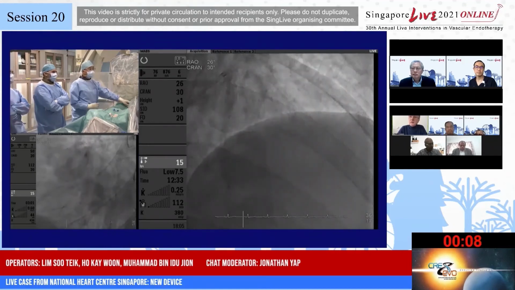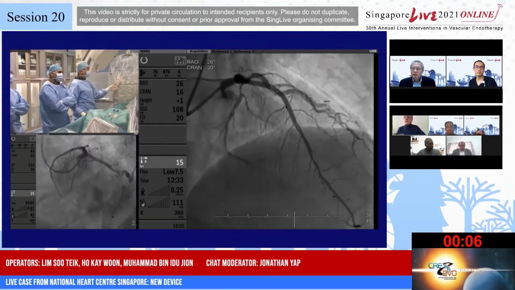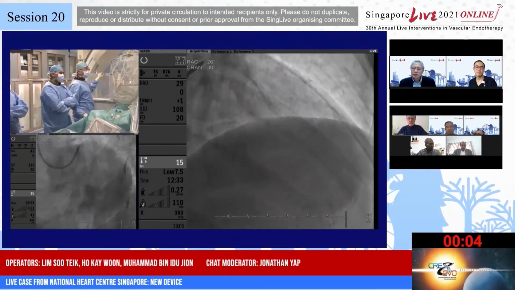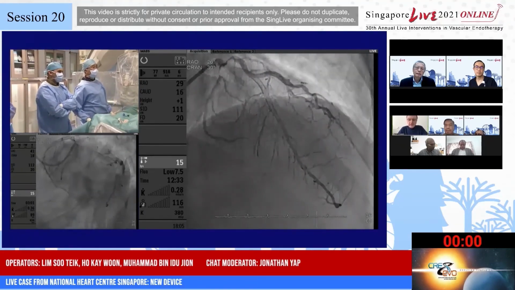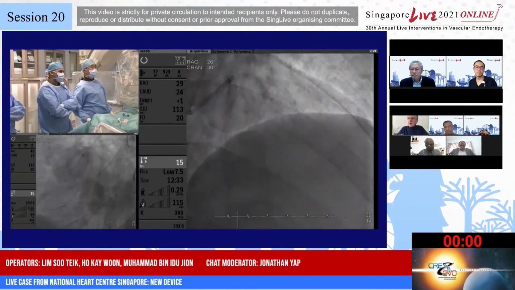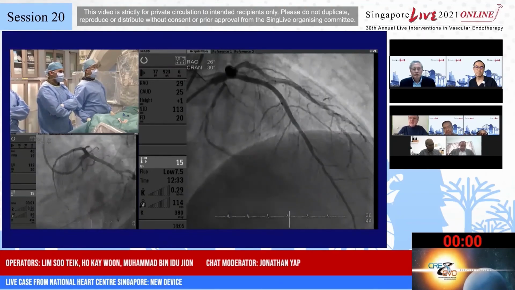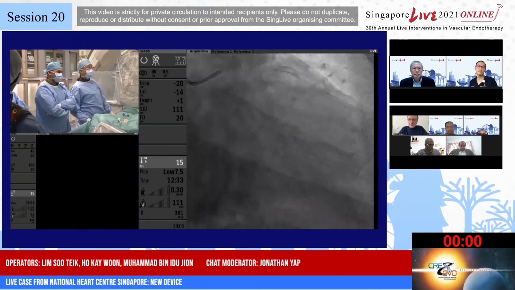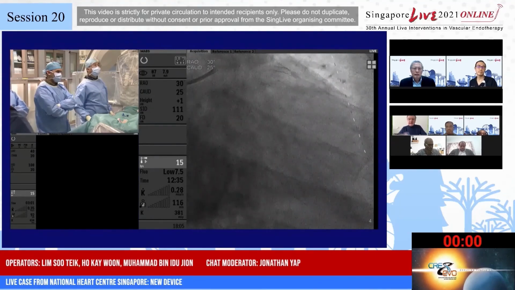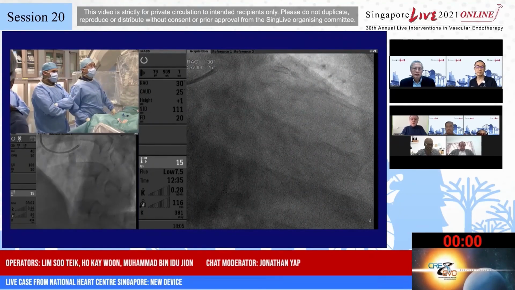Of course, we have no experience about the crush or the culotte, so that's the reason why we would like to push the company to do at least a prospective registry of this device in complex lesions. And the key is to do a 2 years follow-up.